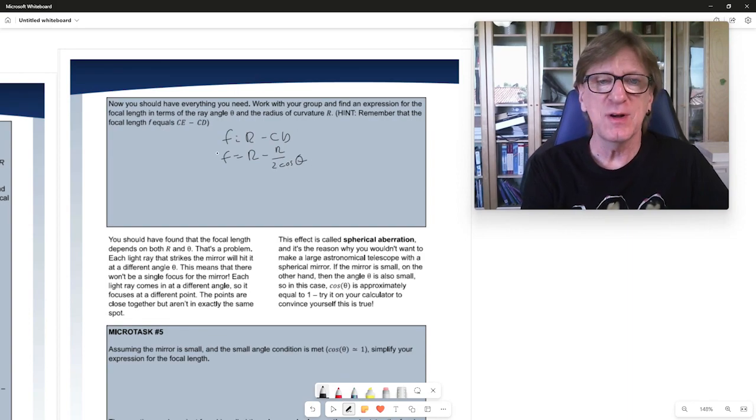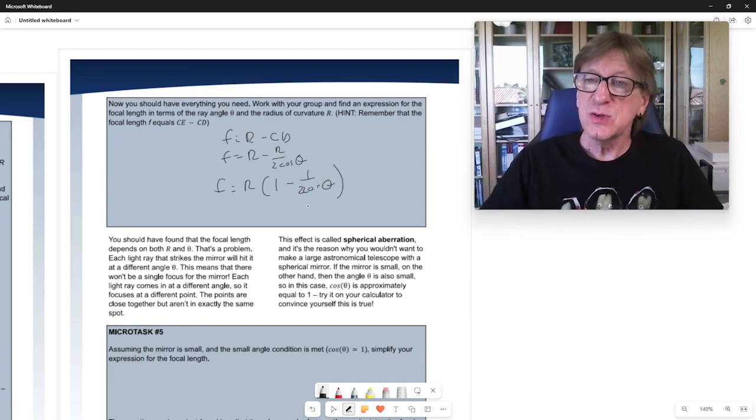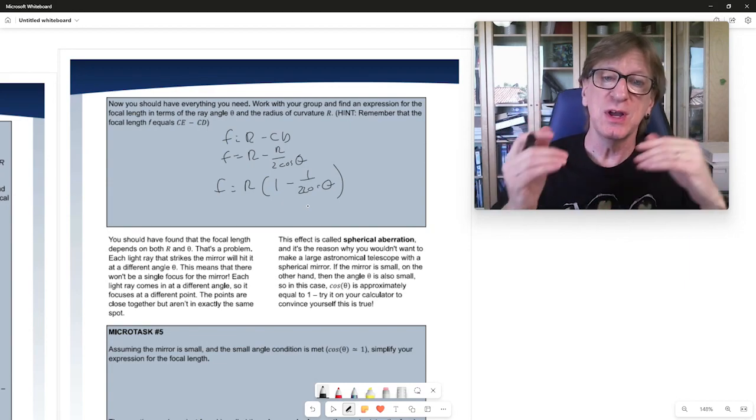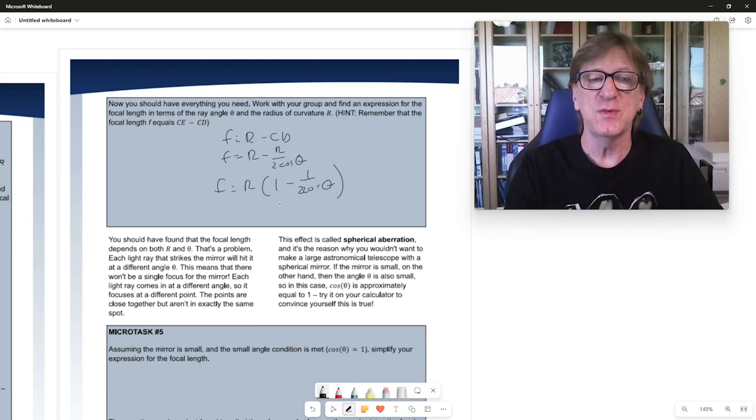So now I can factor out that R, and I get F is R times 1 minus 1 over 2 cosine theta. So there's the equivalent that would allow me to use the radius of curvature and figure out what is going to be the focal length. But we've got a bit of a problem here that maybe you didn't notice. Let me clean up my cosine here just a little bit so we can read that.